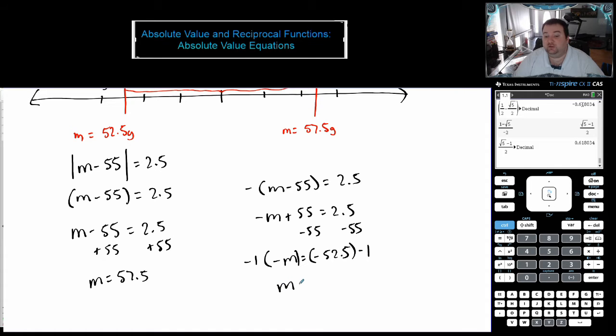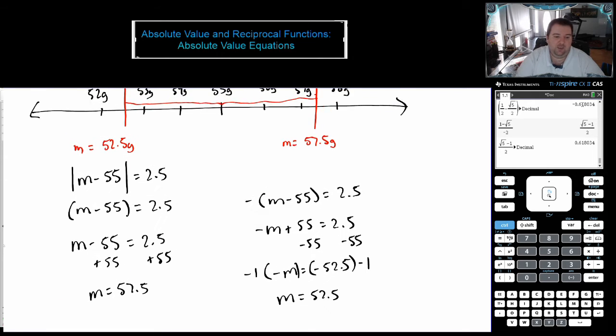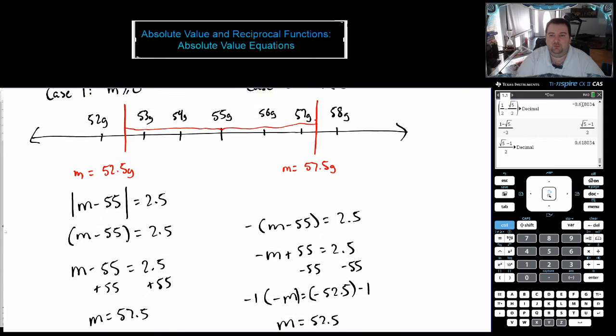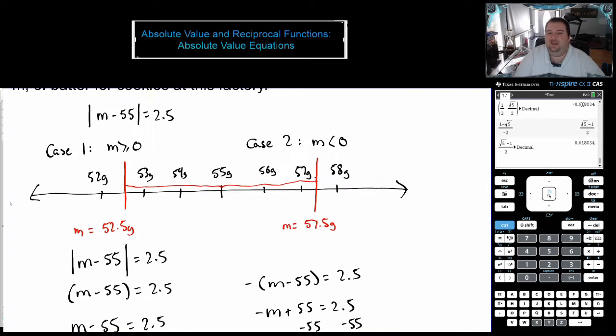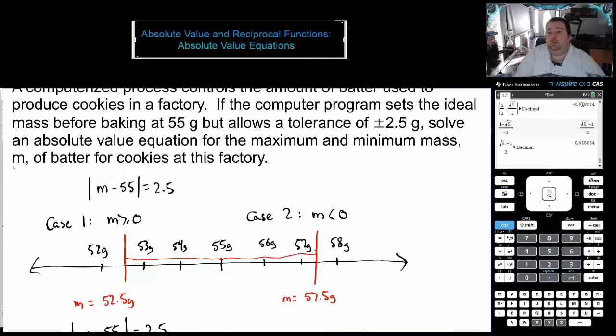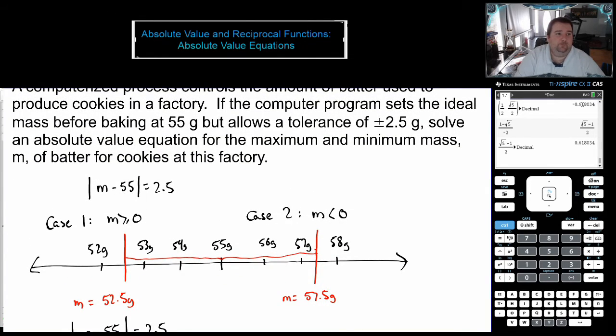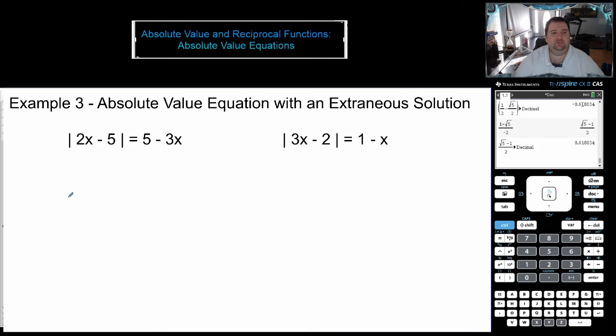And of course, this is going to give us M equals 52.5. Now you can see our numbers are the same, right? We have M equals 57.5 and M equals 52.5. We found the same values. Those are our solutions.